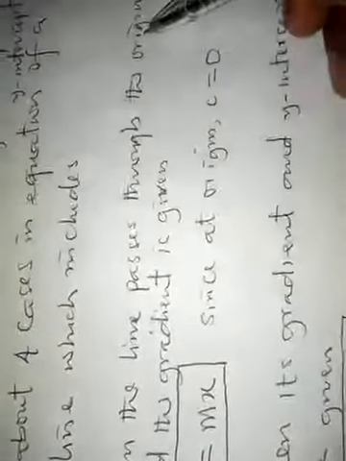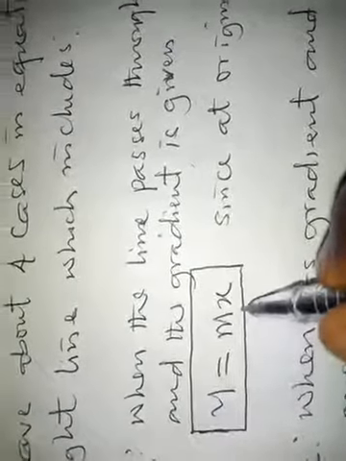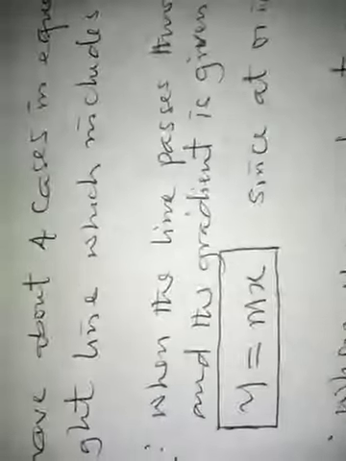Equation of a straight line that passes through the origin and the gradient is given, we have this equation to be y is equal to mx, knowing fully well that at origin, our c, which is the y-intercept, will be equal to 0. And if we replace c with 0 here, we're going to be having y is equal to mx.